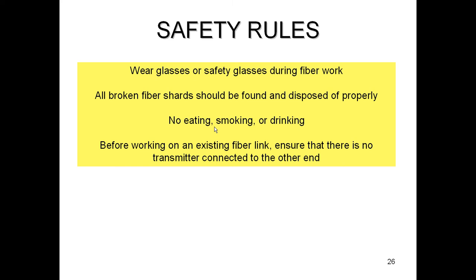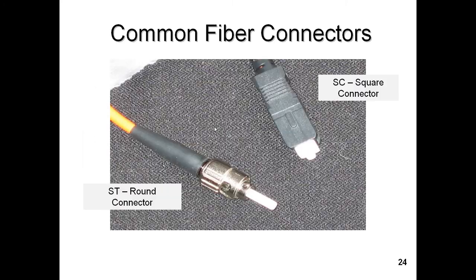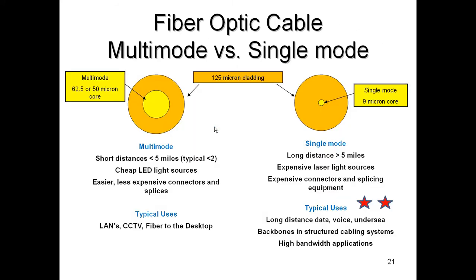Now, another safety issue you've got to consider is that one of the things that makes fiber optics a little hard to think about is that the light frequencies used in fiber optics, 850 nanometers, 1300 nanometers, and 1550 nanometers, are outside the spectrum that the human eye can see.